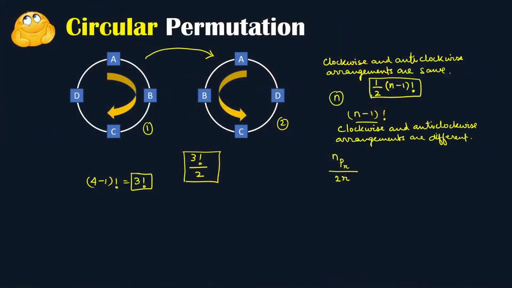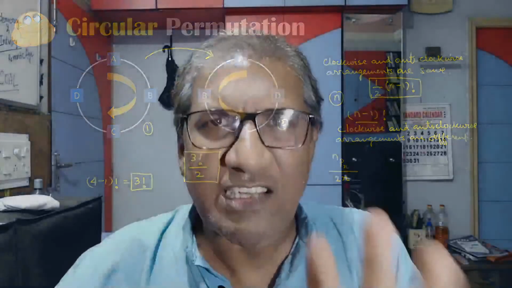Is it clear? So what is nPr by 2r? It is the total number of circular arrangements of r objects taken from n distinct objects, where the clockwise and anti-clockwise arrangements are same. Is it clear to everyone?